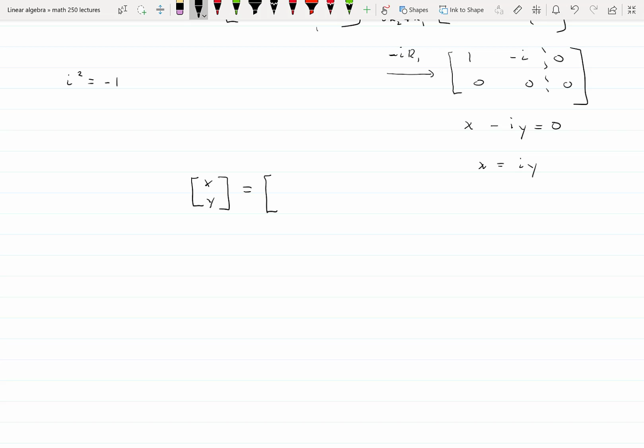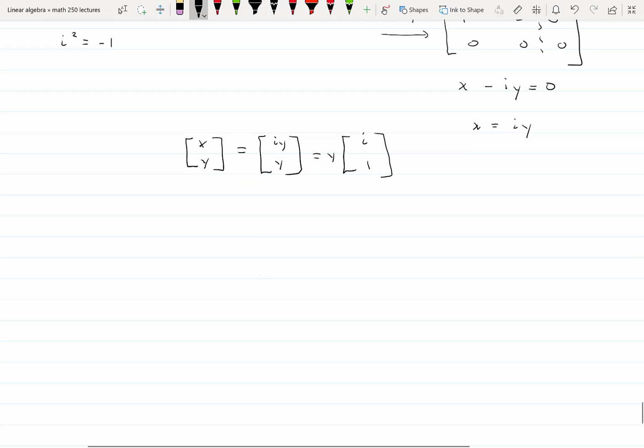The first entry is i y and the second entry is y. So our eigenvectors are scalar multiples of the column vector (i, 1). I keep doing that, the second time in this lecture. It's okay, we just have complex valued eigenvectors.